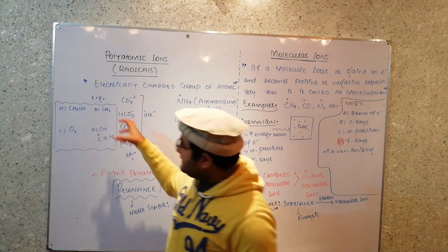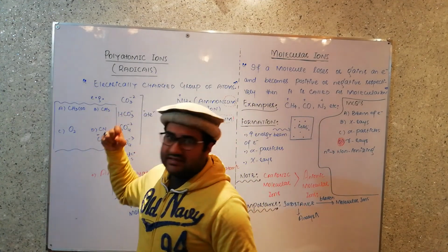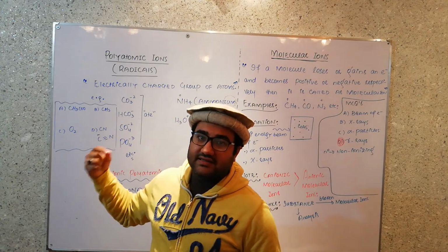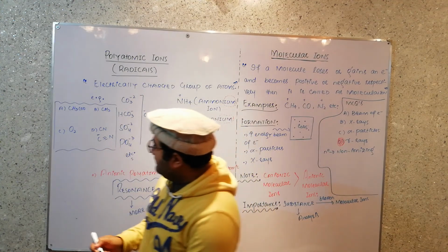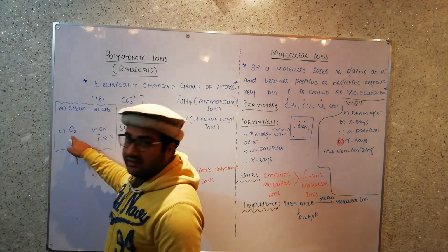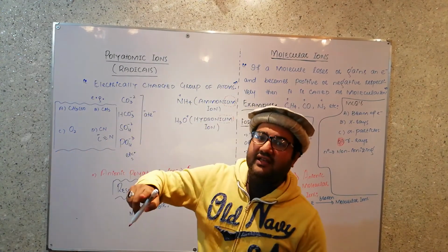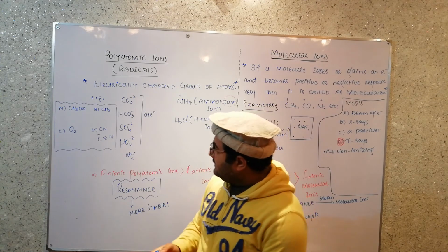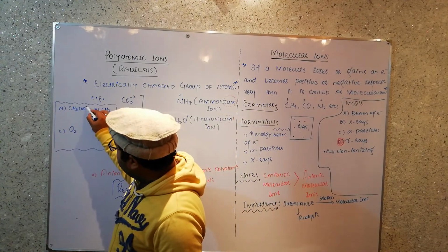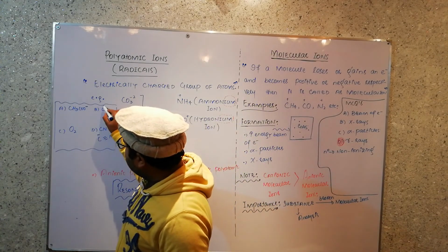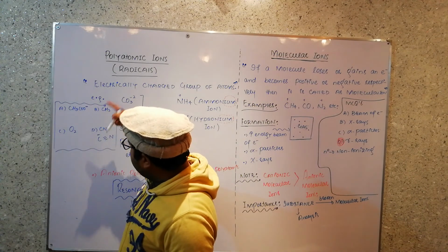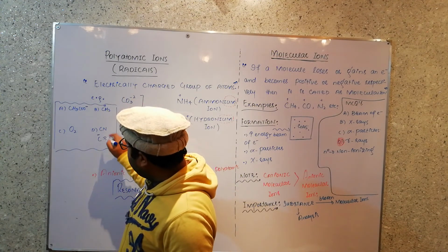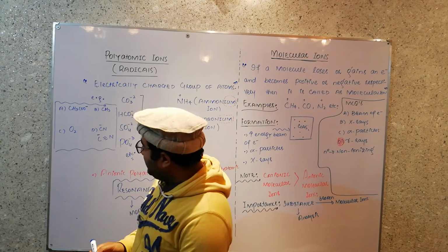Now, which of these is a molecule? I think oxygen is a molecule. O2 can exist independently. And when the molecule has a charge, that is called a molecular ion. So CH3COO negative is a polyatomic ion, CH3 positive is a polyatomic ion, CN negative is a polyatomic ion.